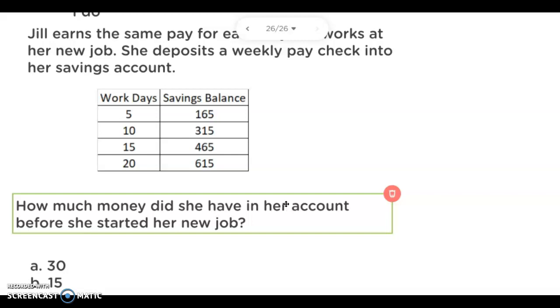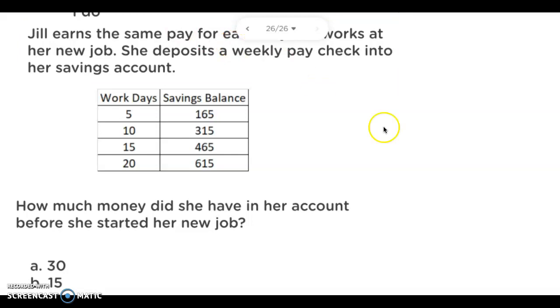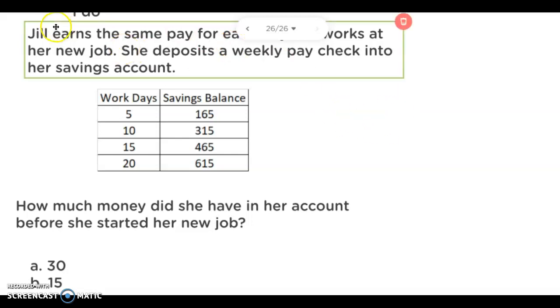All right, so let's go ahead and work this out. Remember, step number one, I asked you all to find the slope. So one, we're going to find the slope. Let's work this really quick.